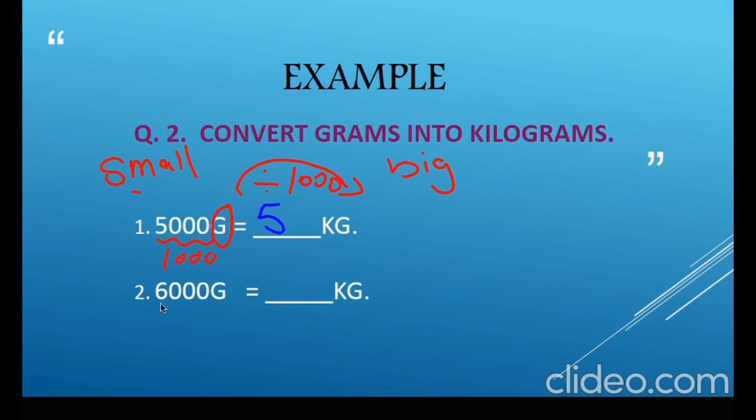The second one, 6000 gram, I want to transfer it to kilogram. It means I want to transfer from the small unit to the big unit. Okay, what will I do? I will divide over 1000. Here, divide 6000 over 1000, the answer will be 6 kilogram.